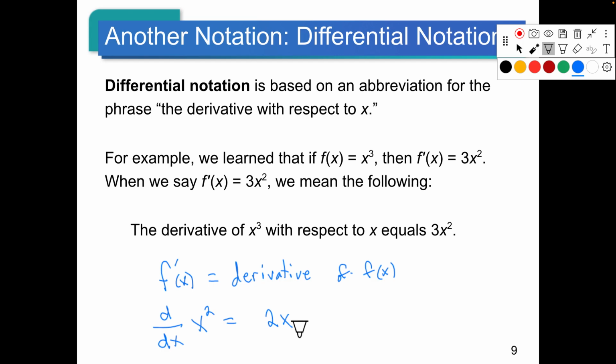Sometimes this is helpful because this gives us some tricks of being able to use fractions. We'll also use this notation because a lot of times we start off with y equals x squared, and so we might call this dy dx, the derivative of y with respect to x.